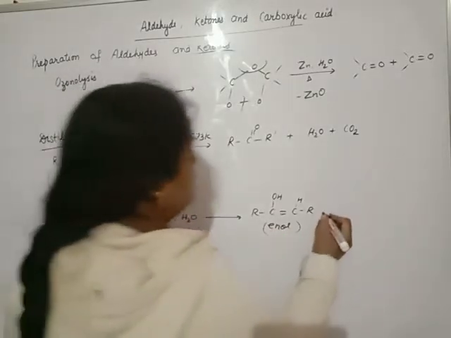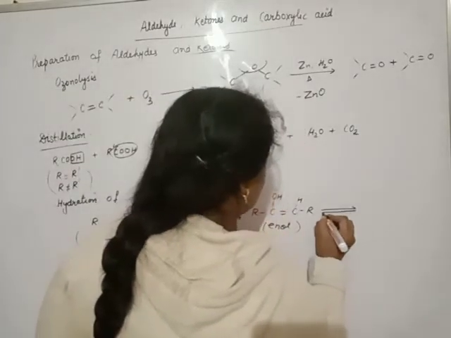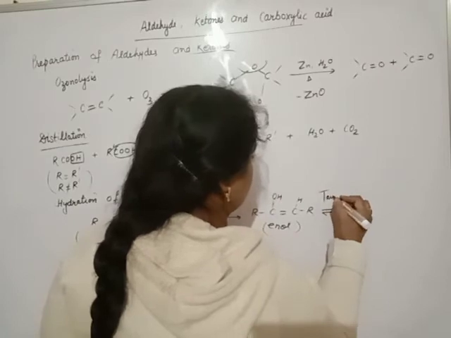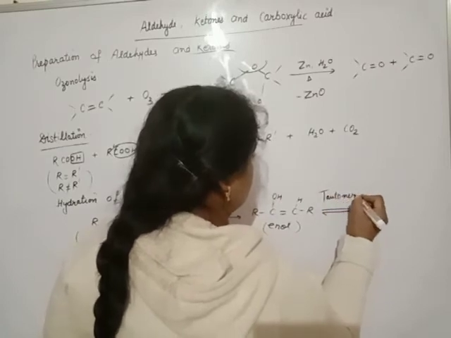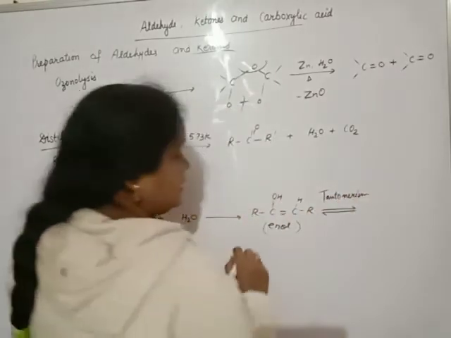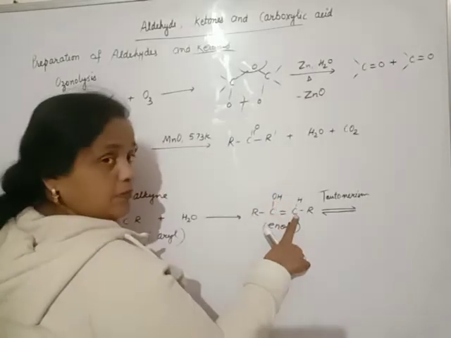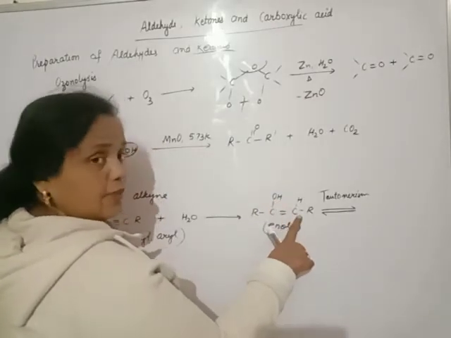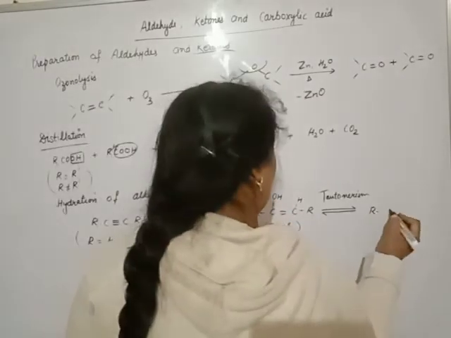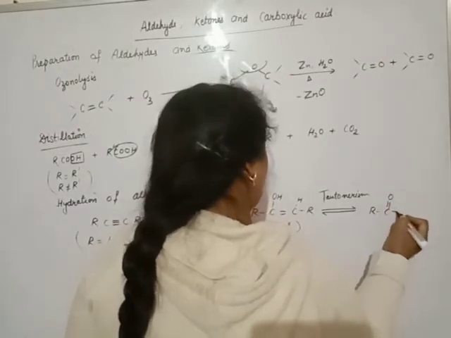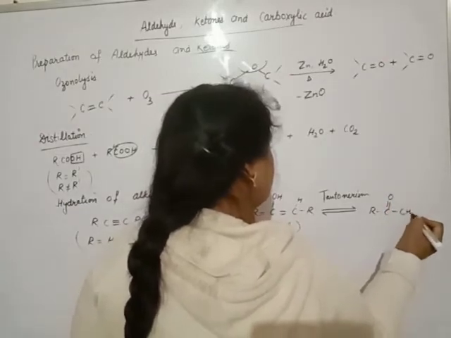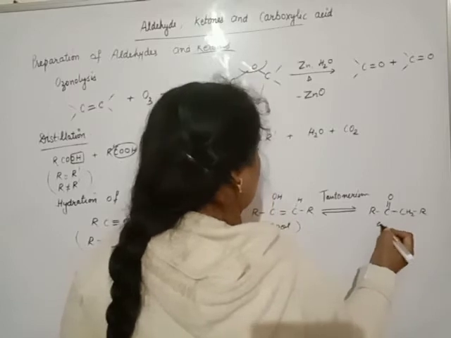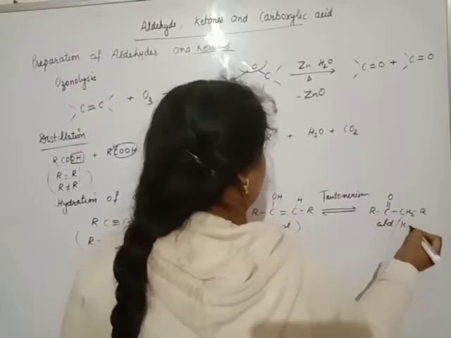In enol form, tautomerism takes place. A (1,3) hydrogen shift from oxygen to the third carbon gives either aldehyde or ketone.